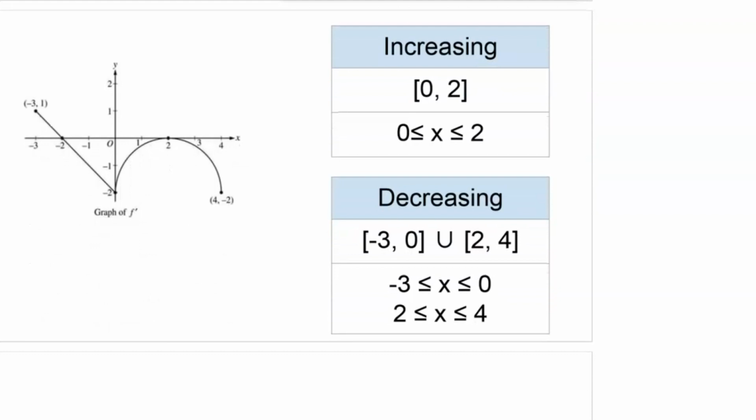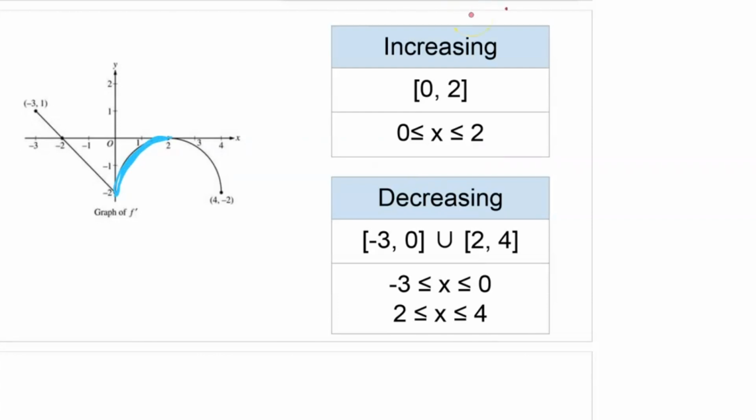Here's another example where we're going to identify where the graph is increasing and where it's decreasing. So let me color the increasing first in blue. So here to here it's increasing.